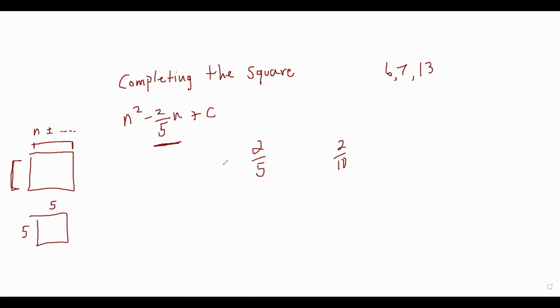So that will be 1/5. This is our value that's going to be inside the square. So let's just write 1/5 over here. This is this divided by 2. Okay, so we have this. And now let's square it.